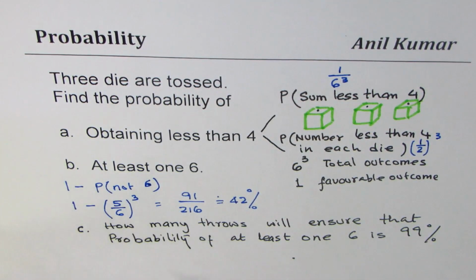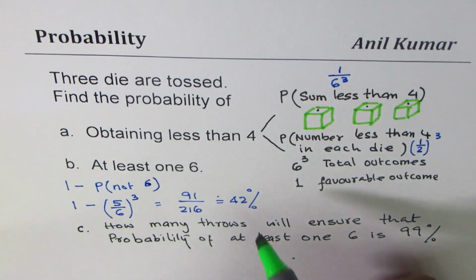So I've changed this question, rather extended it. Now the question is, how many throws will ensure that the probability of at least one 6 is 99%? Do you get it? So you can use this formula and solve and get the answer.